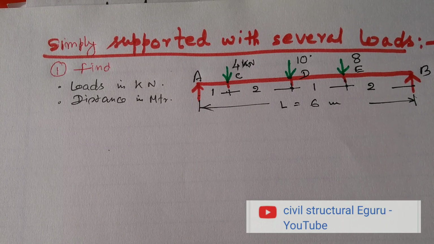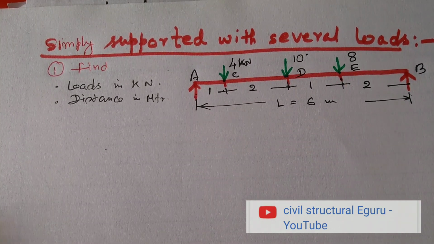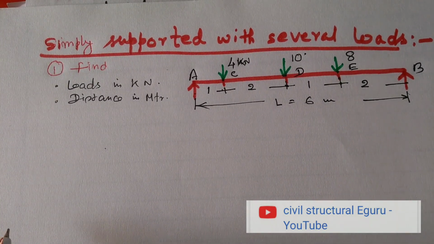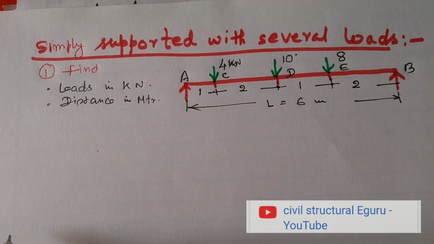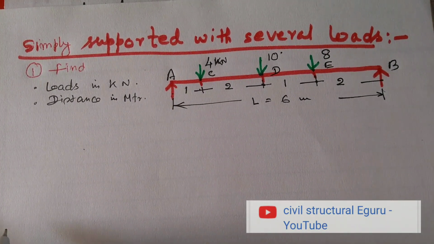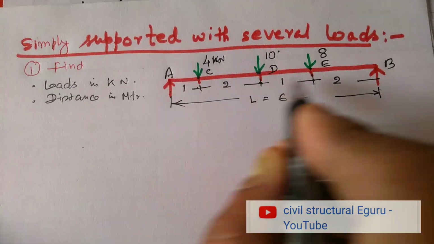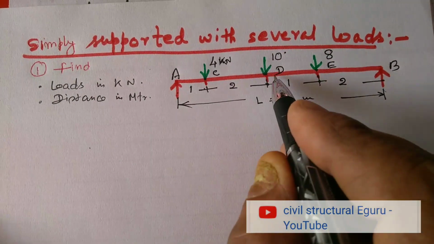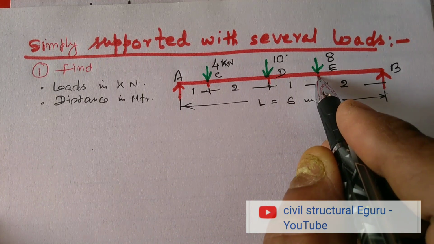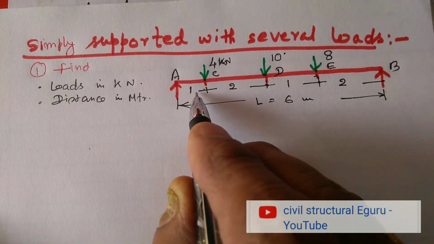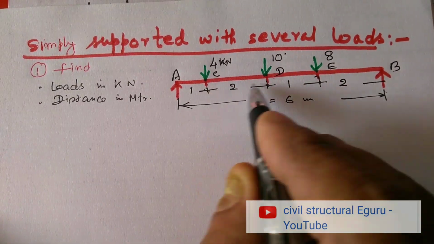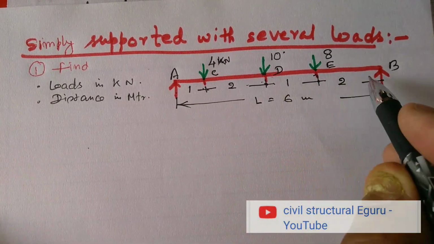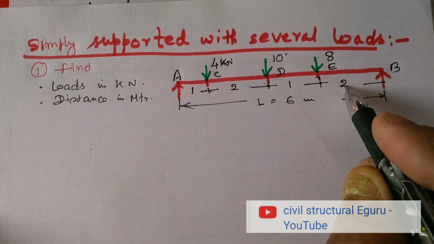Hello friend. Today I will discuss the simply supported beam with several loads. AB is the beam, with point loads at C, D, E. The distance is 1 meter, then C to D 2 meter, D to E 1 meter and E to B 2 meter.